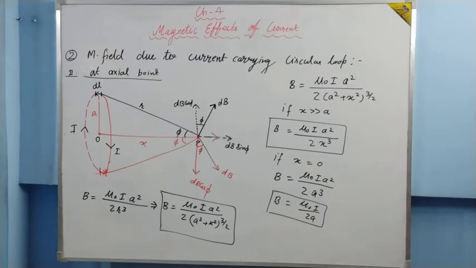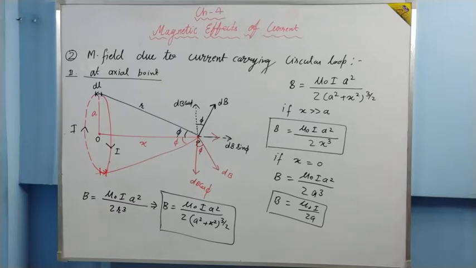But if in the exam magnetic field at the center is being asked, then it's better to solve by the first case we have studied. Is it clear? Don't go by this method. This will take you a lot of time, and that question does not deserve that much time. But if it has been asked at the axial point, you have to go by this.